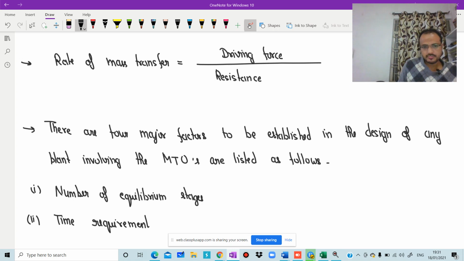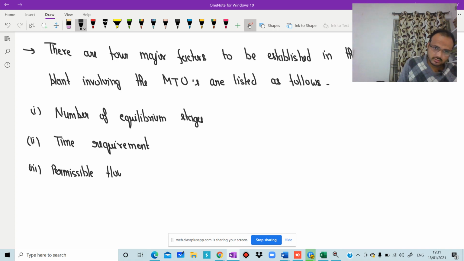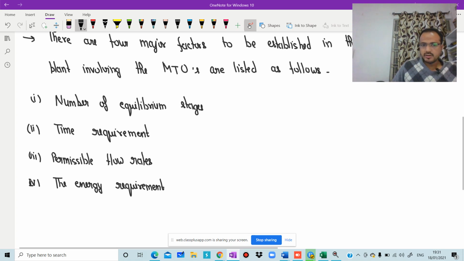Third, permissible flow rates. Fourth one, the energy requirement.